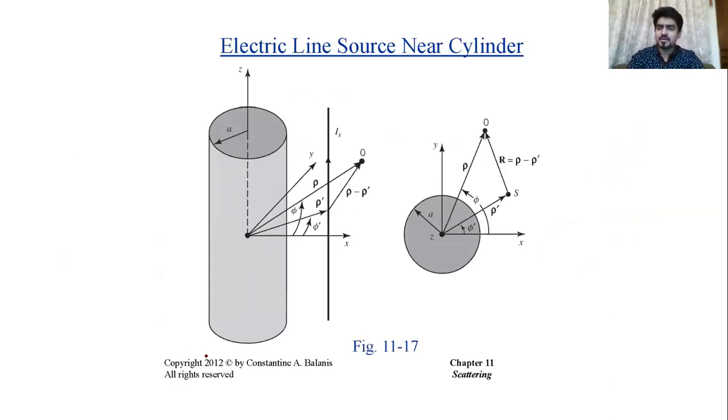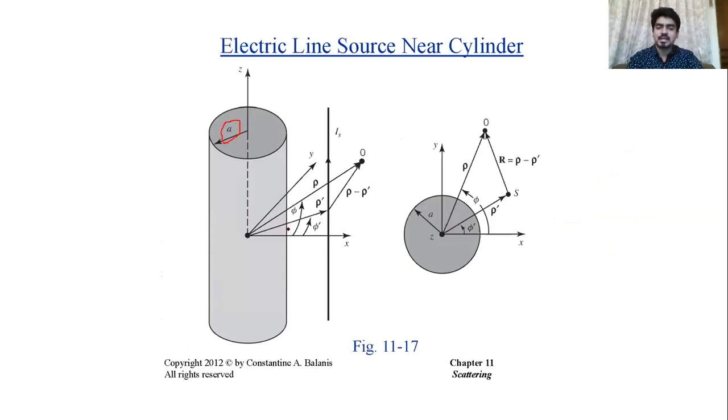Again, this is the geometry which we considered, where you have a cylinder along the z-axis. Your cylindrical structure, which is nothing but a scatterer in our case, is placed along the z-axis at the origin, and it has a radial dimension of a.